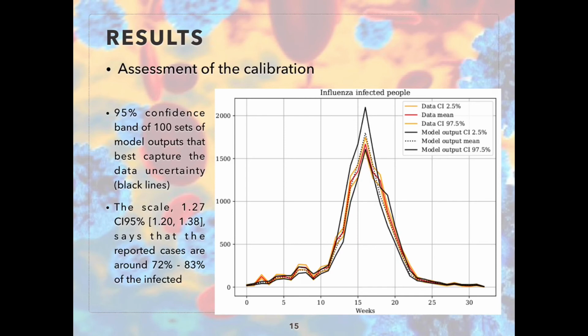As we can see, both groups of lines are very similar. Also, the scale is around 1.27, and this means that the reported cases are around 72% to 83% of the infected people.